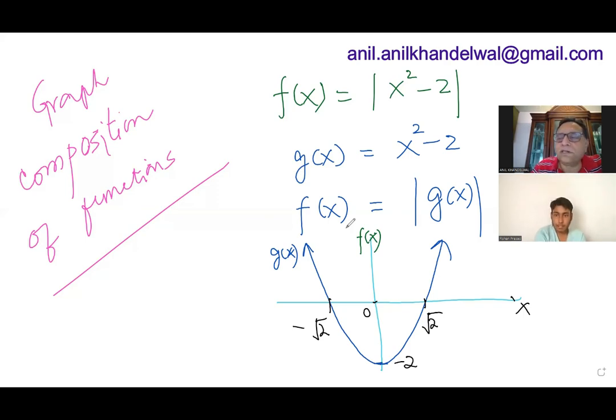Okay, so do that and tell me the answer. So if x squared minus 2 is negative 2 and 0. Wait. 0, negative 2. Negative root of 2, 0 and root of 2, 0.